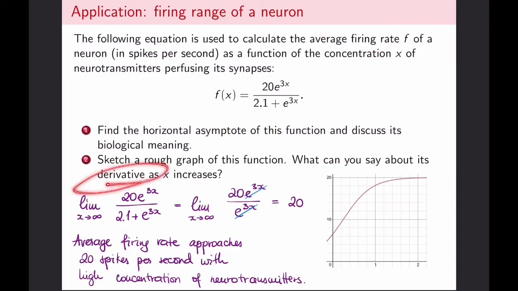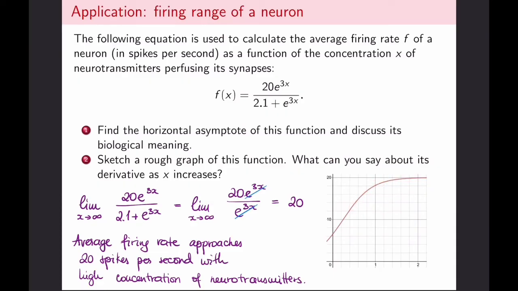So in terms of the derivative, it first increases as the tangent lines get steeper, and then as x goes on and the concentration gets higher and higher, the derivative remains positive, but is now getting less and less steep.